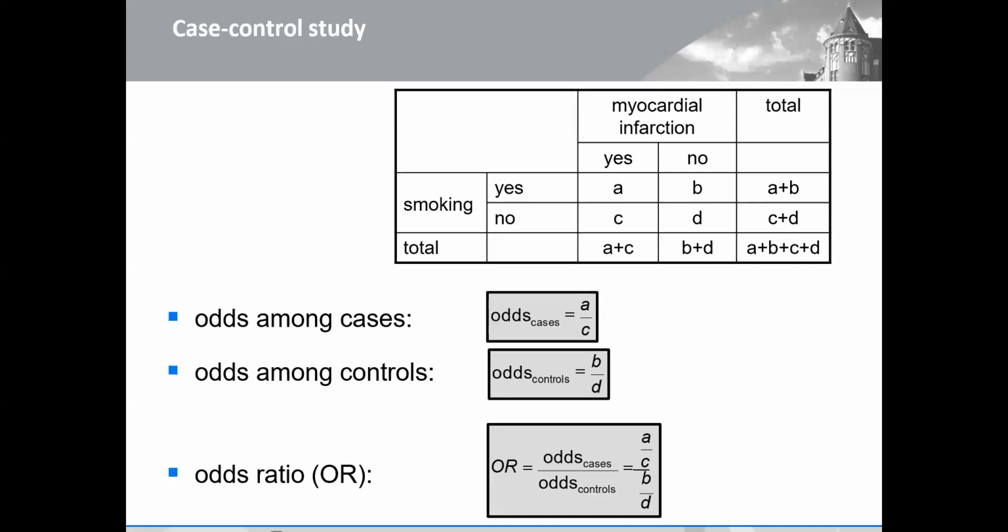This is the same formula as dividing this over this, and it will simplify to A over C over B over D.